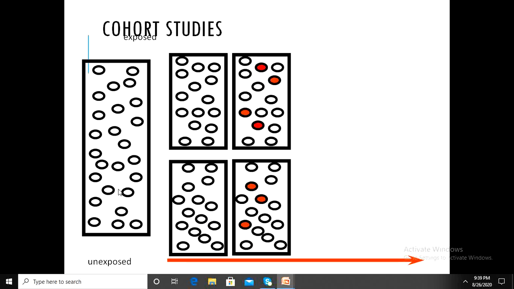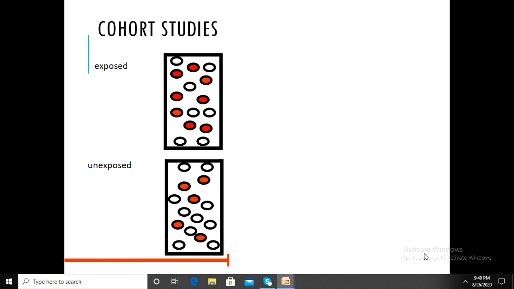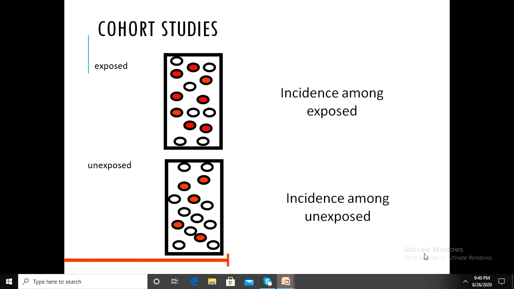So over a period of time, look at this. Now the number of cases are appearing in the exposed group and the number of cases are appearing in the unexposed group. Over a period of time, we will be calculating the number of new cases occurring in the exposed population and the number of cases occurring in the unexposed group.